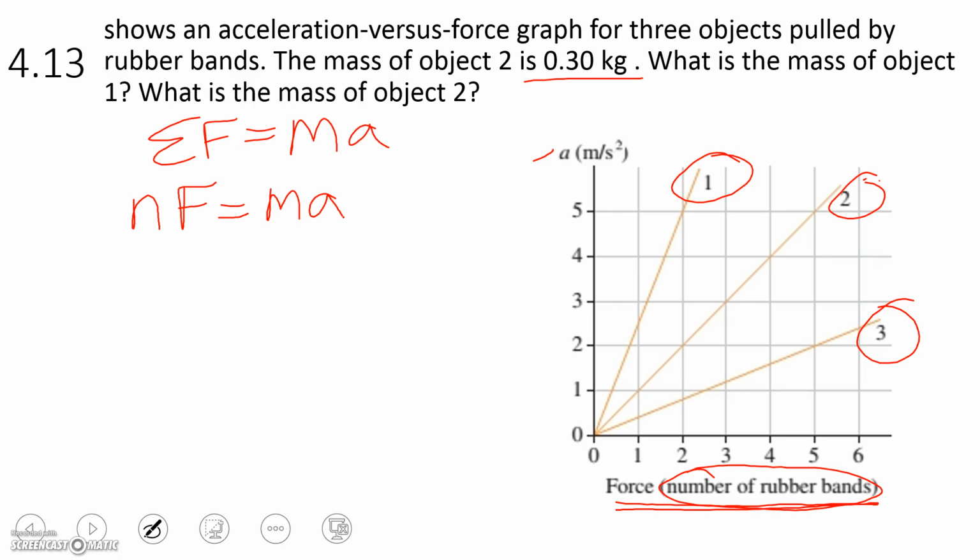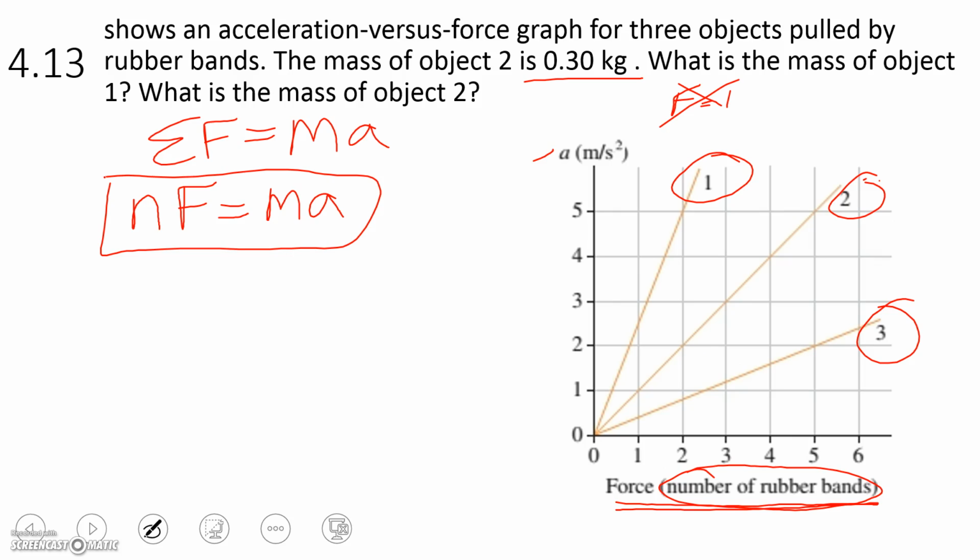So the force times the number of rubber bands will equal however much force it is. So if the force was equal to 1 and you had 1 rubber band, it would be 1. 2 rubber bands, 2. 3 rubber bands, whatever. You just keep going. All right, so I have this equation. Number of forces times the amount of force is equal to the mass times the acceleration.